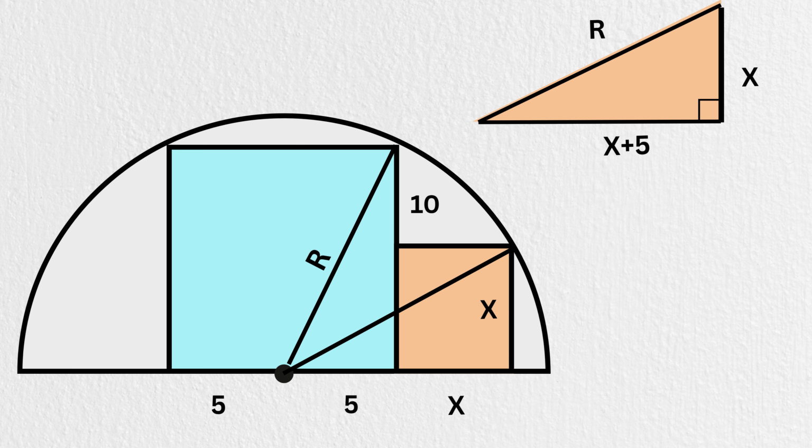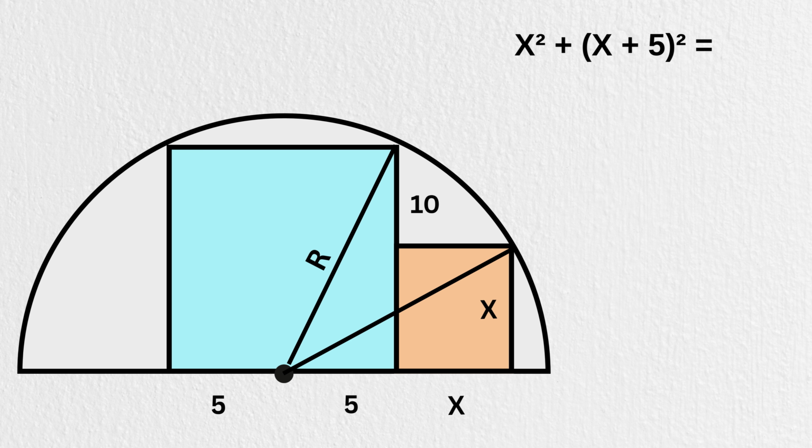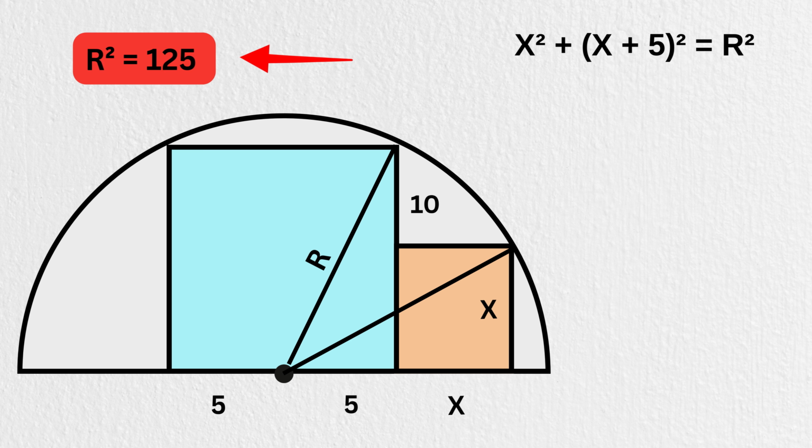Since this is also a right-angled triangle, applying the Pythagorean theorem again, we get x squared plus (x plus 5) squared is equal to r squared. As we already know, the value of r squared is 125. So, substituting, we get x squared plus (x plus 5) squared is equal to 125.